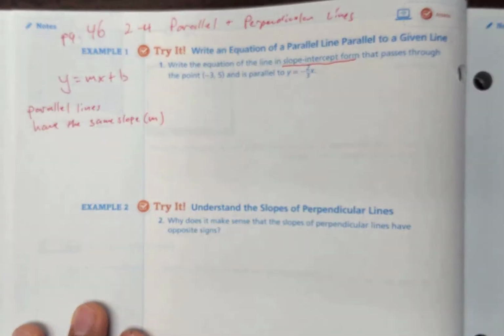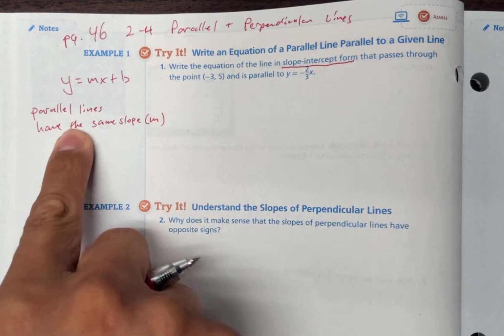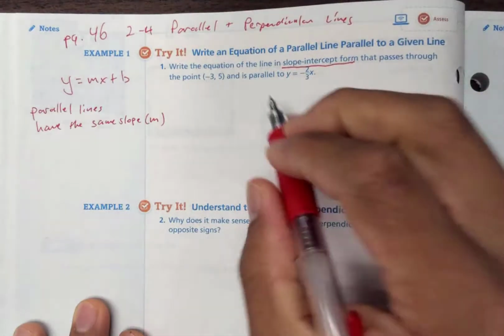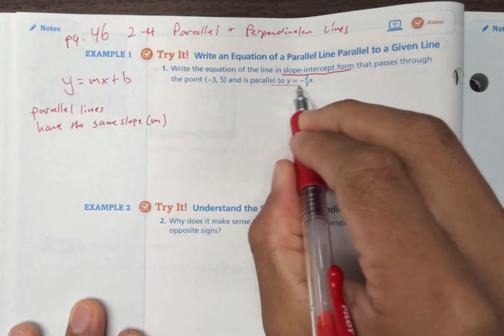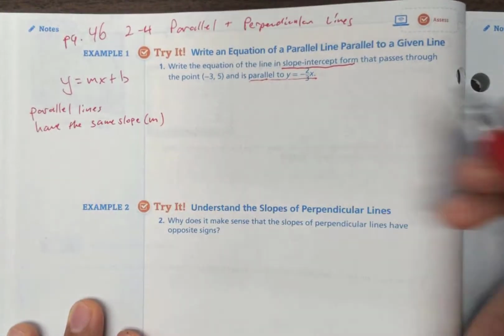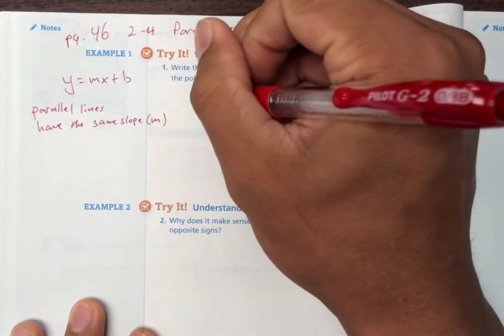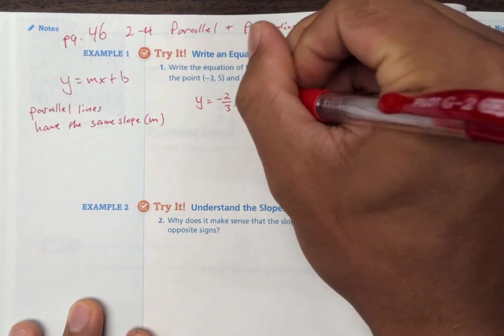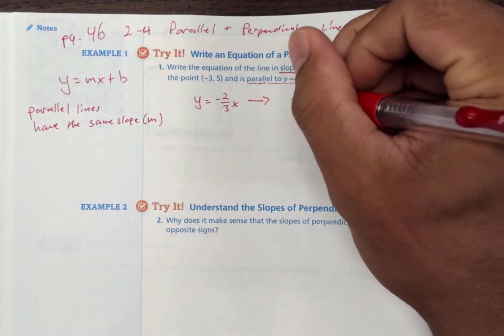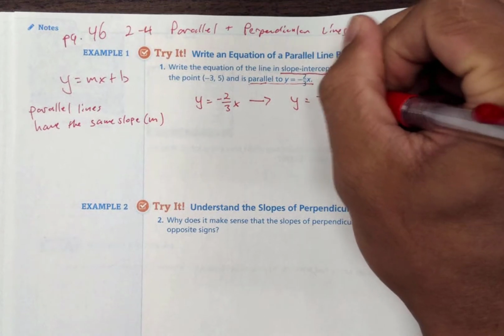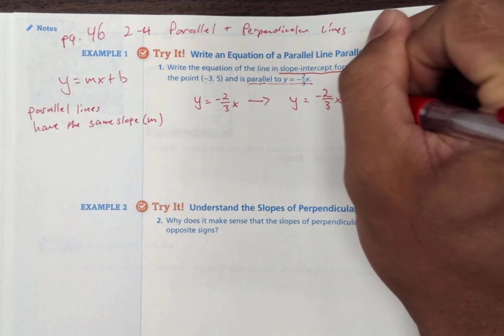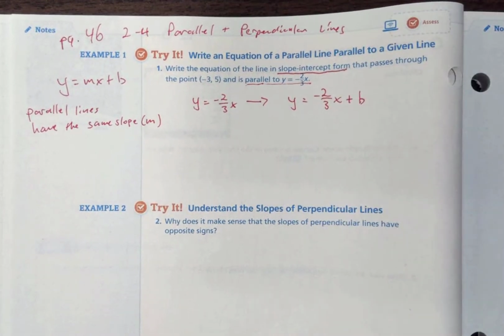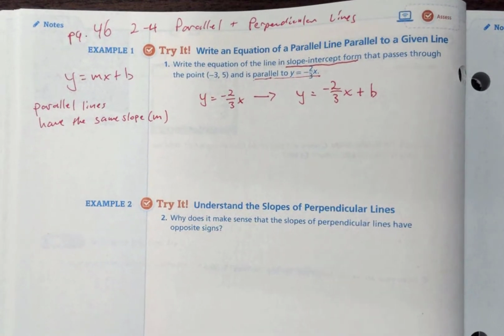Using that information, it says that is parallel to y equals -2/3 x. So if y equals -2/3 x is the line that we want to be parallel to, our new line will be y equals -2/3 x plus the unknown y-intercept of b.